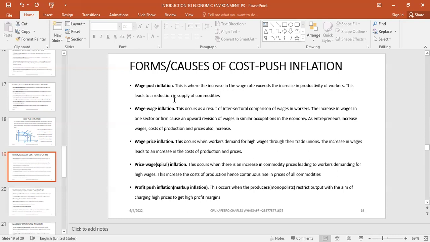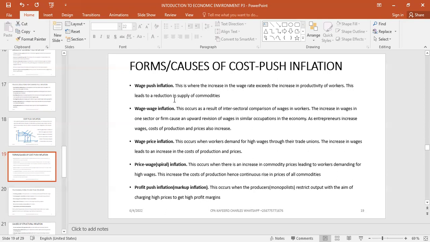Because at the end of the day, if you had been producing well, then the prices would be normal because the supply will be there. But we are paying you highly, and there is no increase in the productivity of the workers. That's one of the causes.